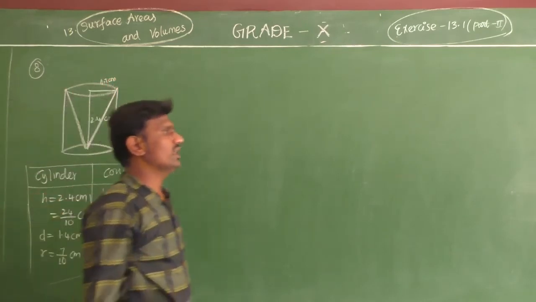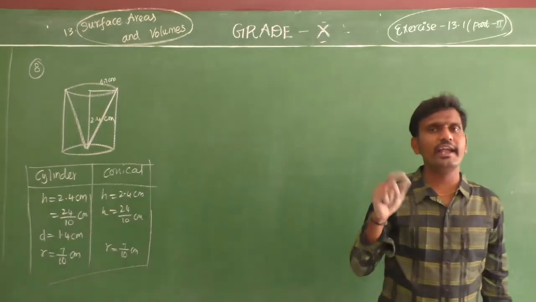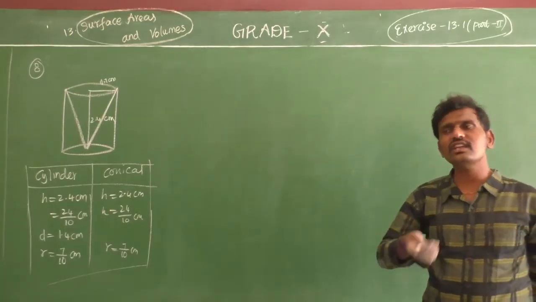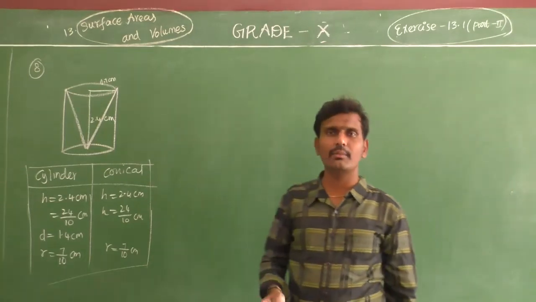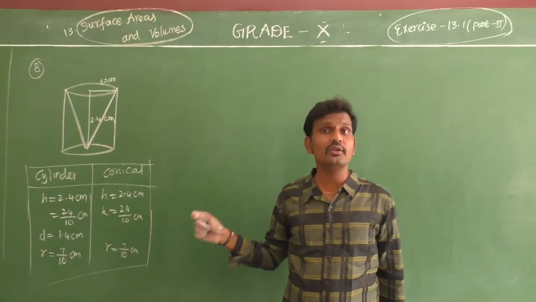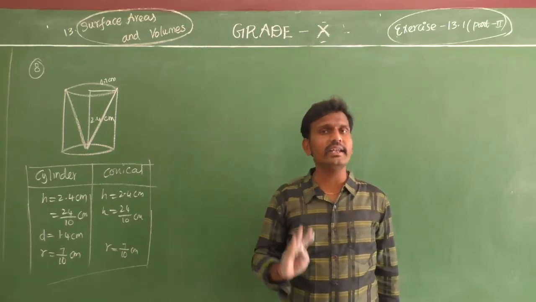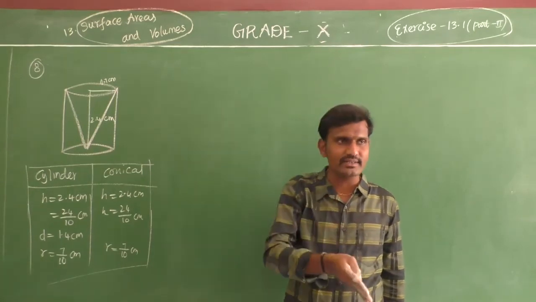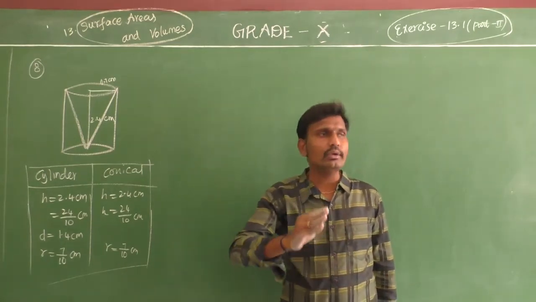Okay, so students, I know you have one doubt. In the previous questions, for total surface area we were taking only CSA, sir. But in this question, why are you taking TSA? Because this is a depression. The conical depression is hollowed out from the cylinder.